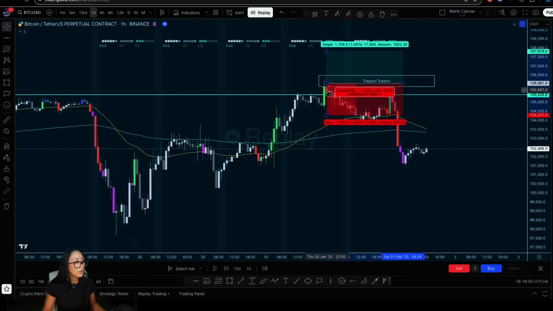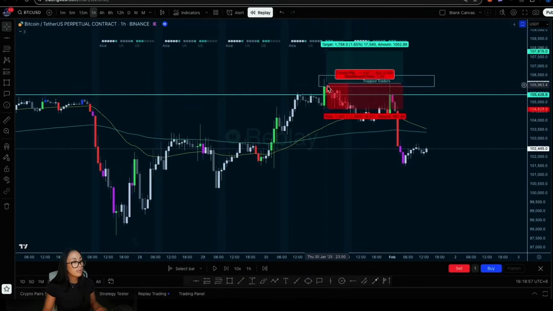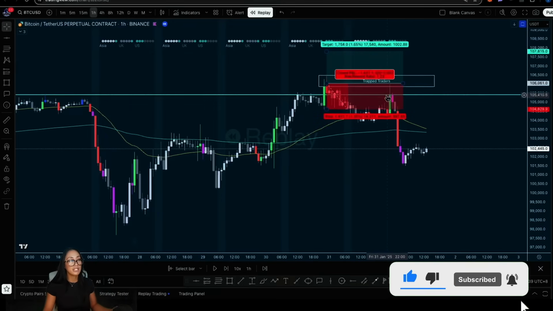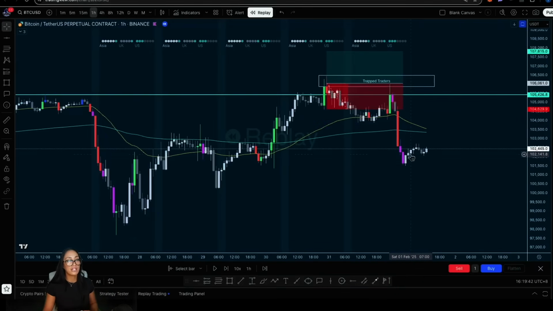Opening a long whilst this candle was still open, price then reversed on them, and now they're trapped within the wick. Before price then pulls back, creating the inside of an M formation, and then here where price is coming up to form the lower high, it doesn't quite get back to their break even, or they continue to hold because they think this is the move that's going to break right through, before we then see that lower high form and price breaks down.